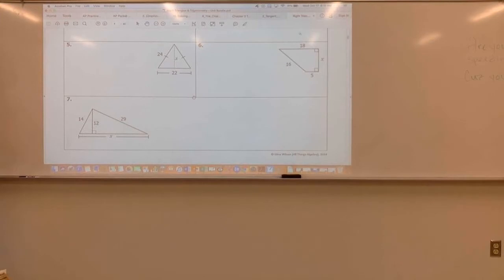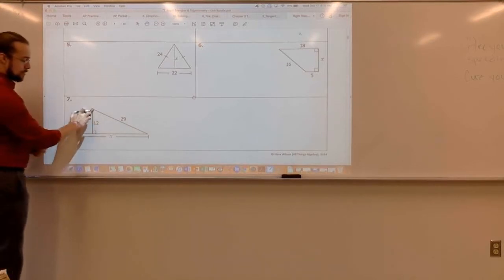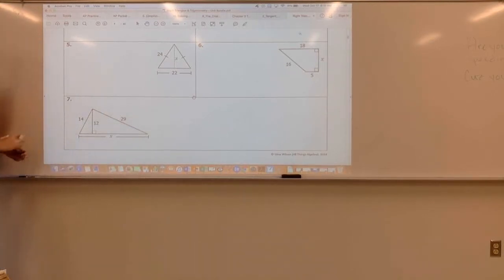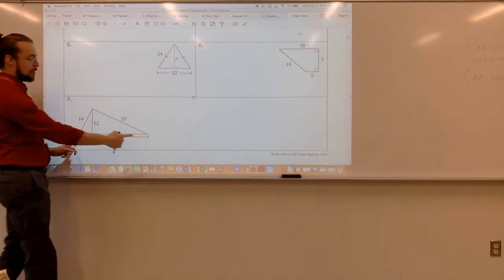This triangle does not appear to be a right triangle. We're not told that it's a right triangle, so we can't assume that it is. Does anybody see a way that maybe in a couple of different pieces I could find this entire length?